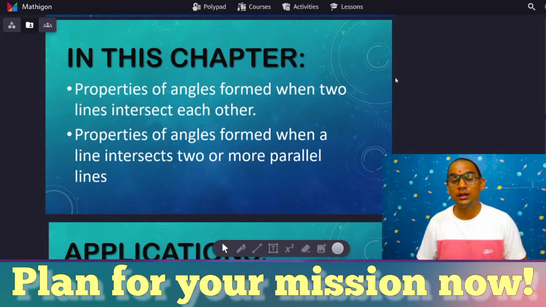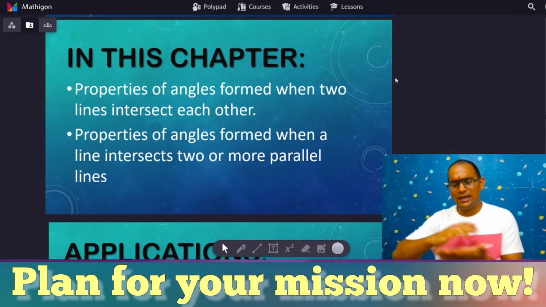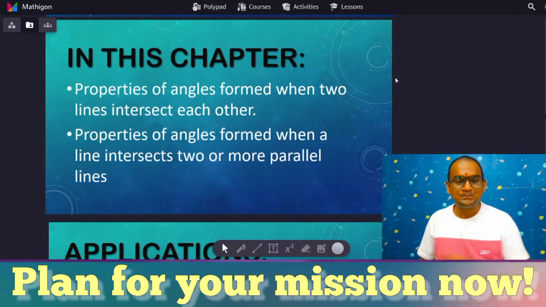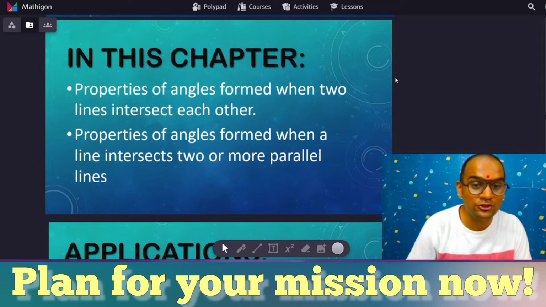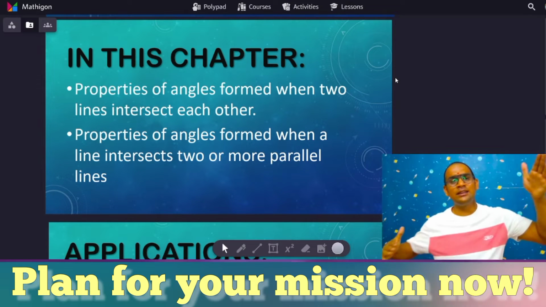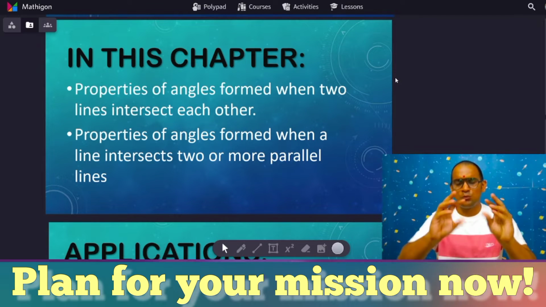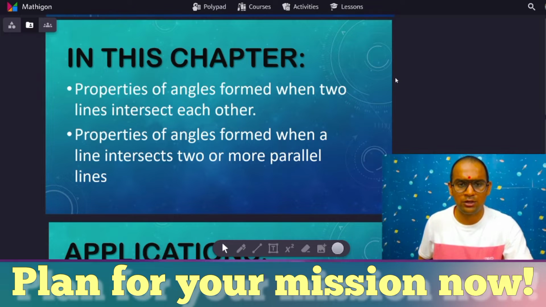We will also be discussing linear pair, because linear pair is nothing but a line and a ray falling on that. And then properties of angles formed when a line intersects two or more parallel lines: when we have two or more parallel lines and a line intersecting all of those, what happens to the properties of angles? These will be the major focus of this particular chapter.